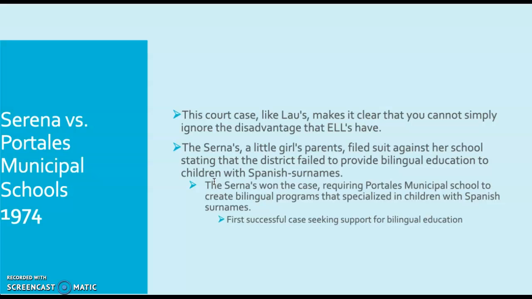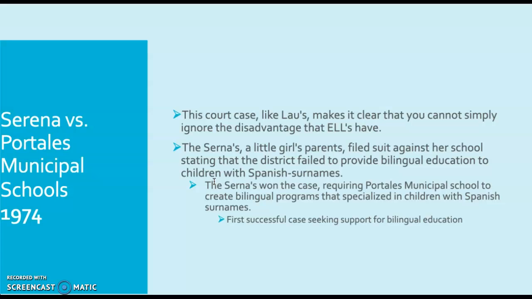So the next one I have is Serna versus Portales Municipal Schools, which took place in 1974. This court case, like Lau, makes it clear that you cannot simply ignore the disadvantage that English language learners have. The Sernas, a little girl's parents, actually filed a lawsuit against her school, stating that the district failed to provide bilingual education to children with Spanish surnames.